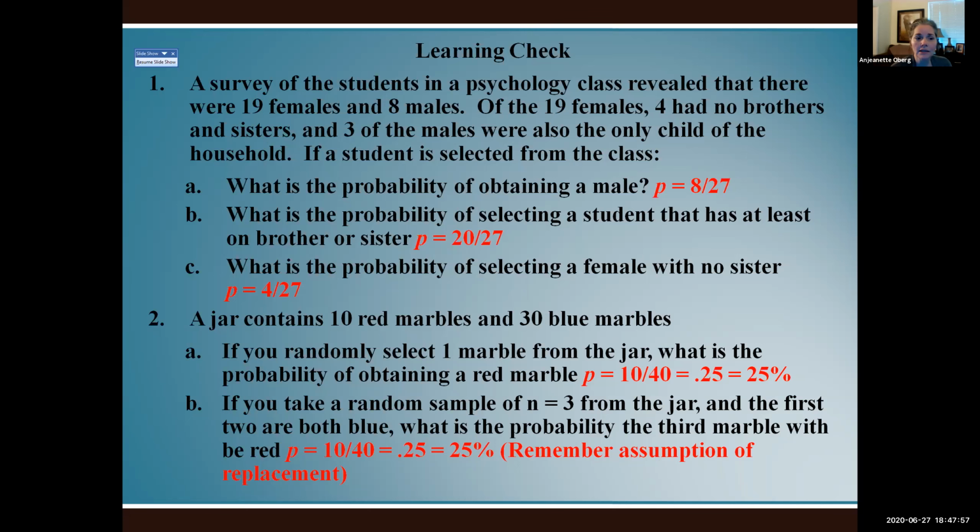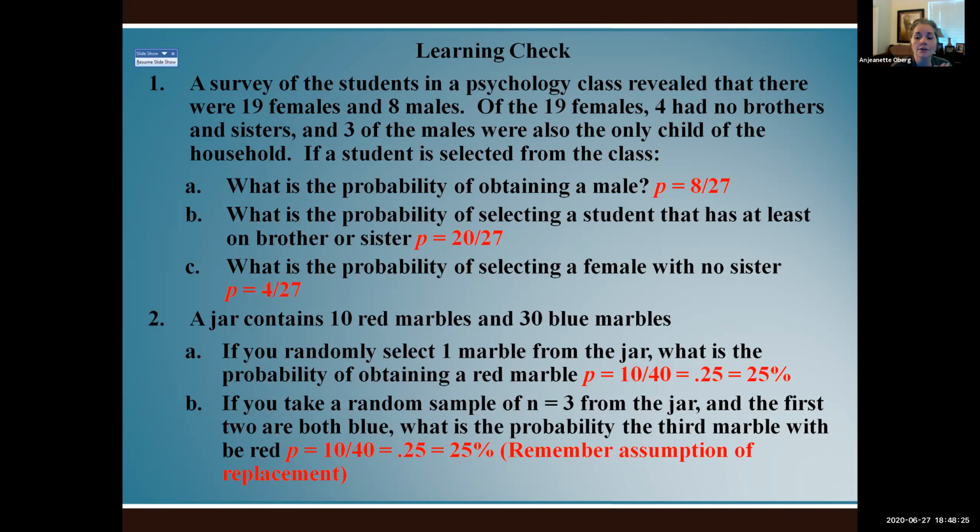So first of all, I need to know how many people in total. So the psychology class had a total of 19 plus 8, 27 people, right? But then I need to know what's the probability of obtaining a male. Well, there were 8 males in total. So the probability is 8 out of 27. Now you can also divide that and actually get a percentage, and that's fine too.